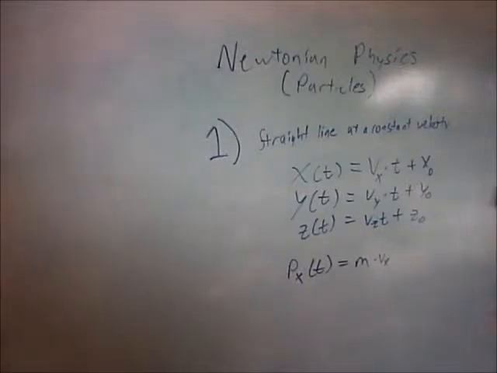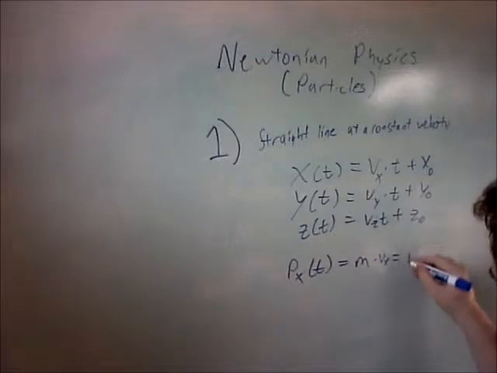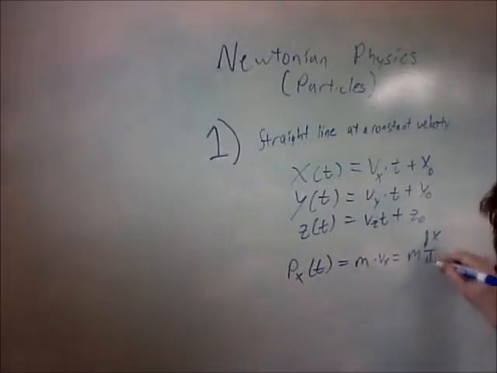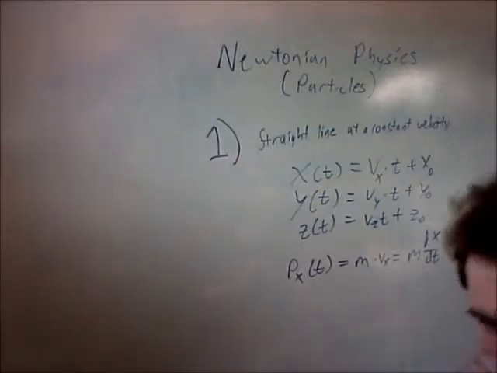But what is the velocity in the x direction? The velocity in the x direction is the instantaneous rate of change of the x position with respect to time. That is to say, the velocity is just equal to the time derivative of the position.